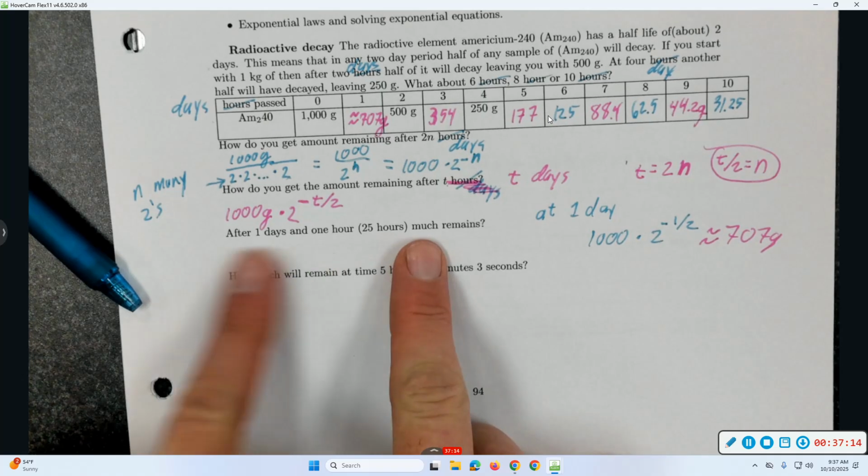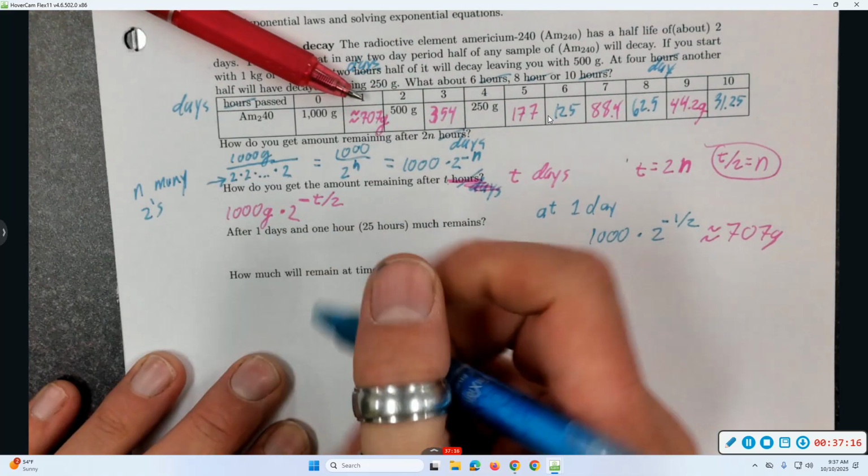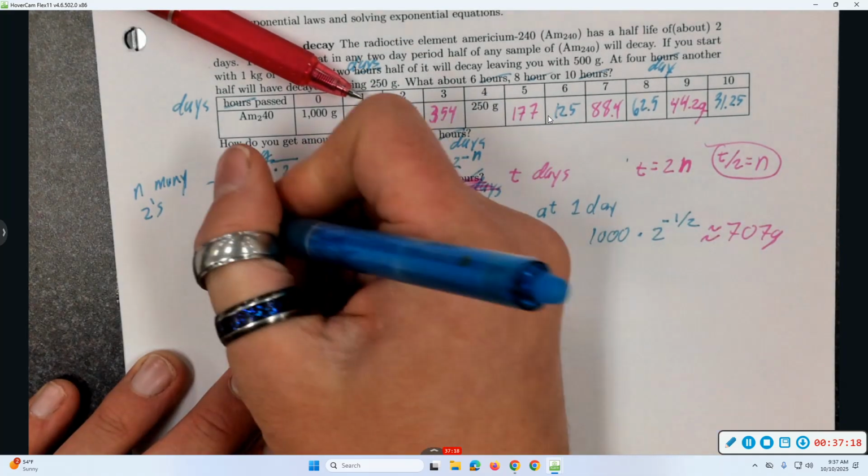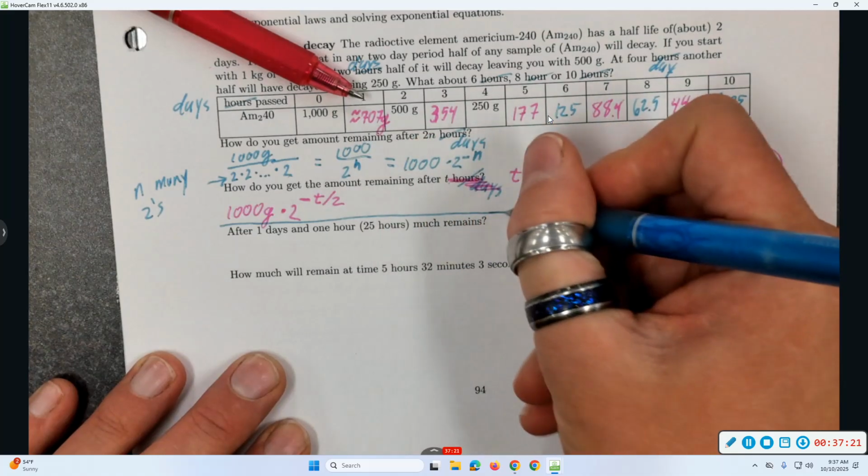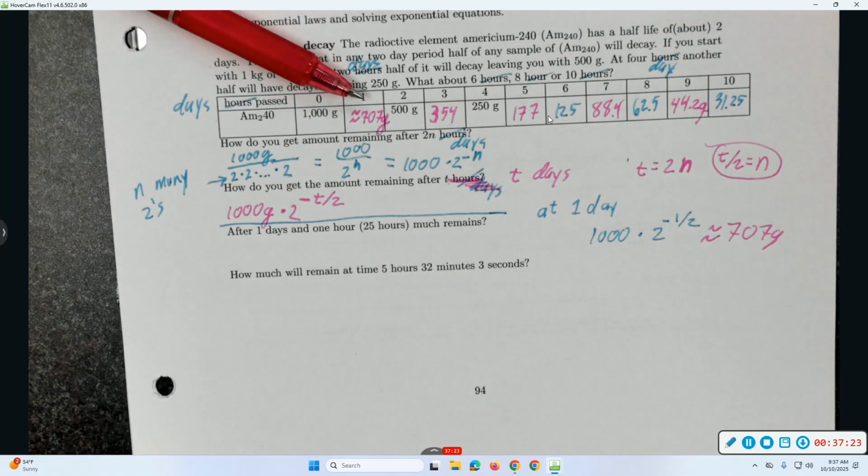Alright, so let's start varying this a little bit. Let's suppose I have you wait 25 hours, also known as 1 day and 1 hour. How would you figure out the amount left then? Let's see, I guess it's like a fractional number of days, right? How do you figure out what that fractional number is if you wait 25 hours?